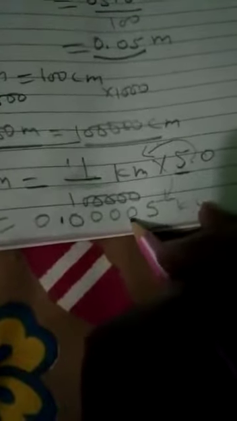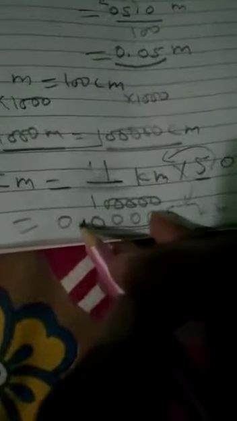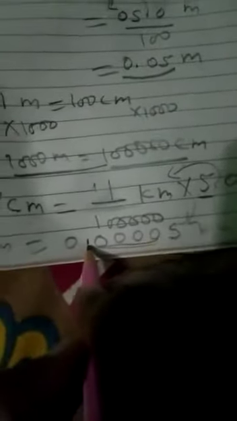In 1 lakh there are 5 zeros, so the decimal shifts after 5 digits; put extra 4 zeros to make 5 digits, and the decimal shifts here. Clear?